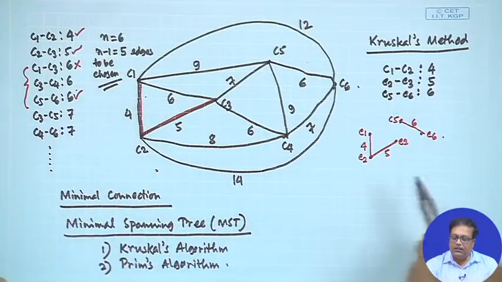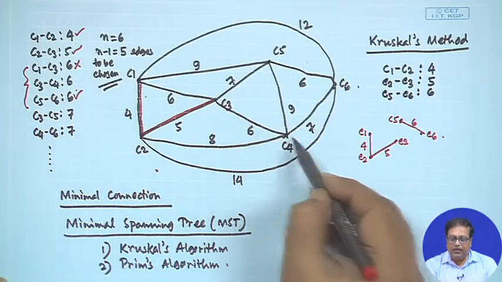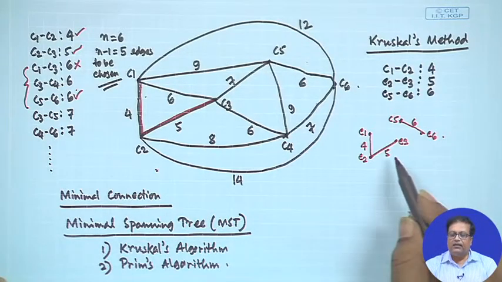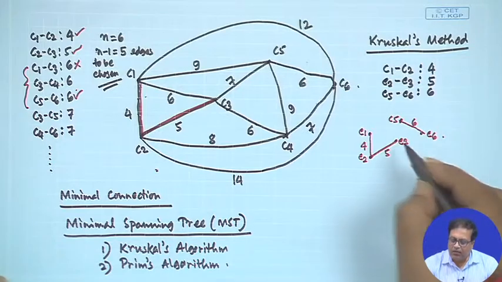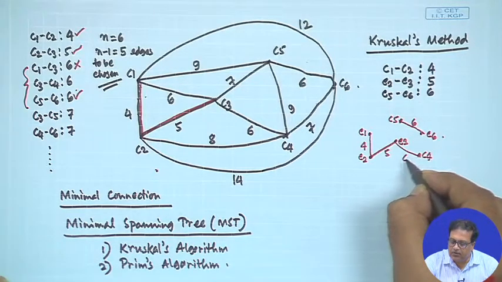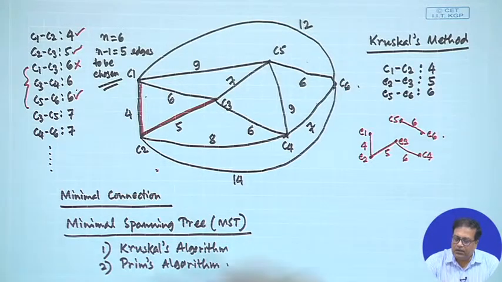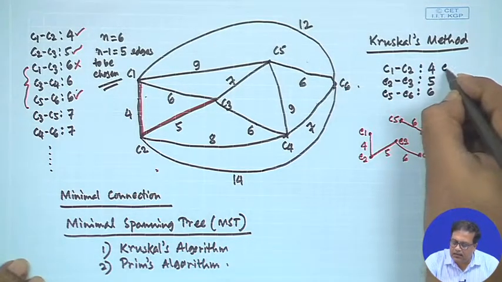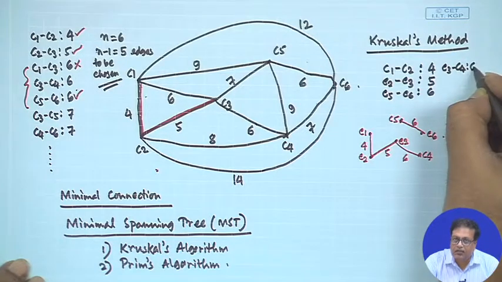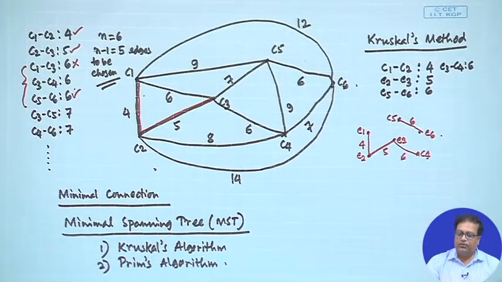So look, C3 C4, does it make any circuit with the already chosen ones? Answer is no, it does not make any circuit with the already chosen ones. So we can consider C3 C4, 6. So let us choose C3 C4 also, that is 6. So C3 C4 is chosen.